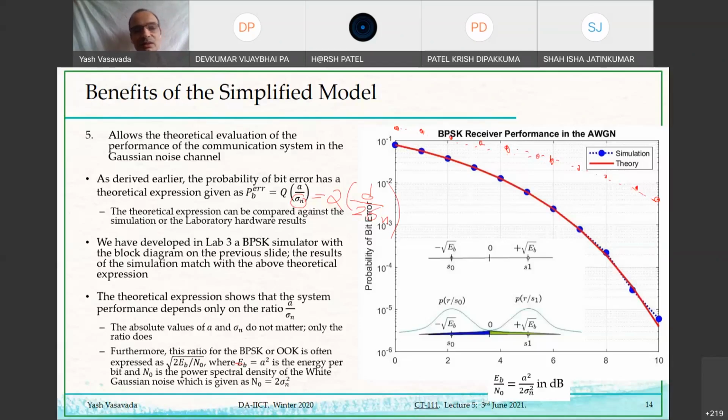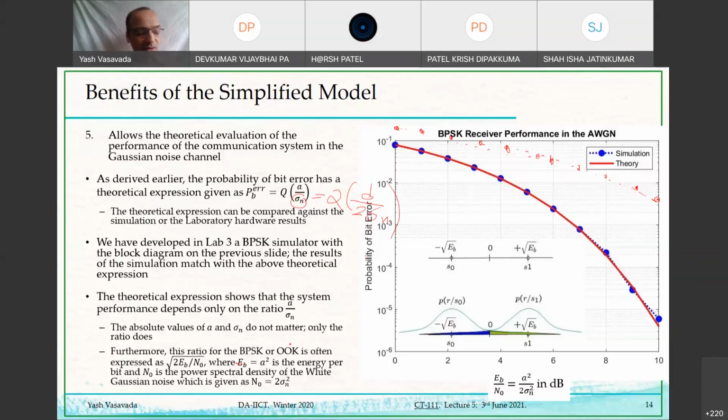Maybe the transmitter will generate 10,000 or 1 million bits. The receiver will also record those bits. And this company is in the business of making equipment which will connect the transmitter to the receiver and compare the bits that have been sent. And that way it will calculate the values along the y-axis, the bit error probability.